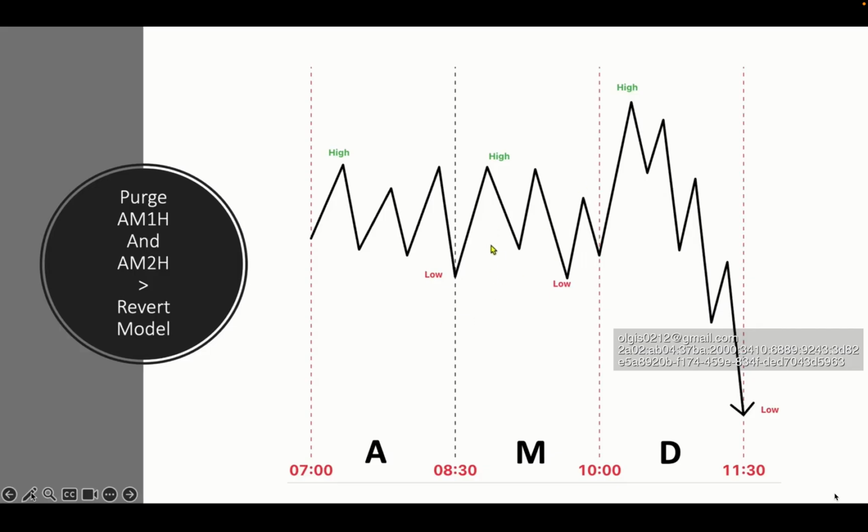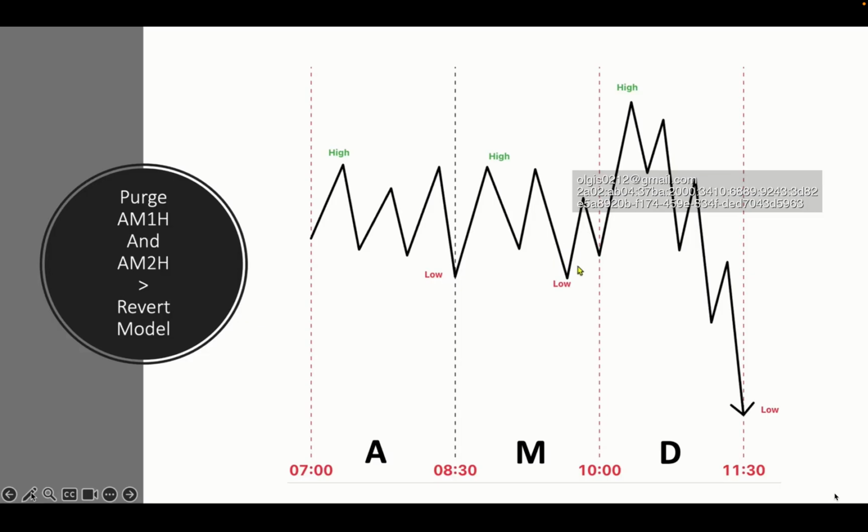Again, due to a high impact news driver being later on within the AM session, or no high impact news driver at all, and the market just being held inside of a consolidation until a volatility injection at 9:30. What we see is that the market gets repriced higher above these equal highs, above that buy-side liquidity. A high forms above there, and the market then begins to distribute quickly.